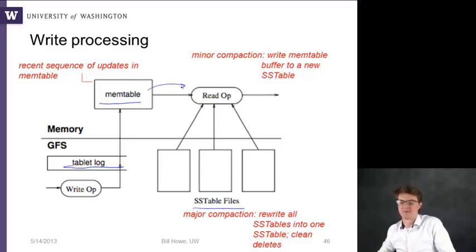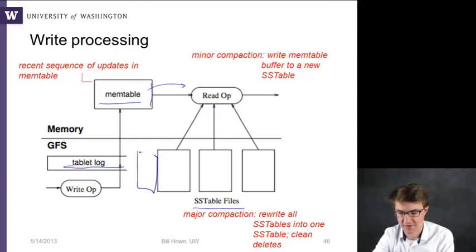Okay, so this is fine, but what happens when the mem table gets bigger and bigger and bigger? Well, there's two types of events that occur to do the bookkeeping here. So one is a minor compaction, and this is when the mem table gets big, it gets written out into a new SS table file, and the changes are merged.